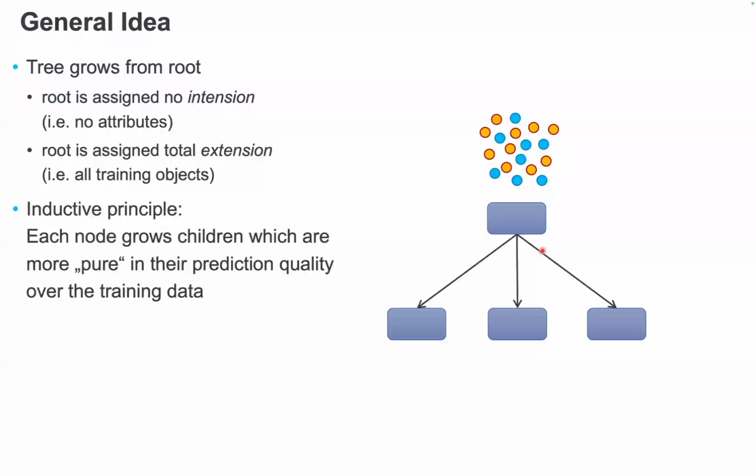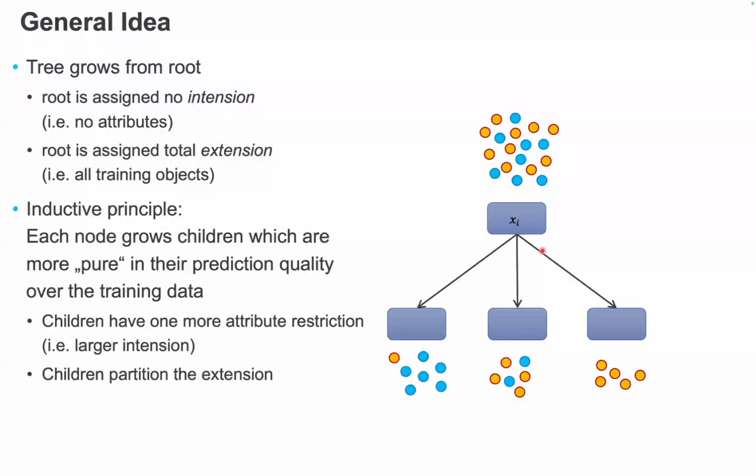So we grow this root node some children, and what I want to achieve is that the children are more pure in the prediction quality given the training data. So let's say I select a particular attribute, like the attribute I. Then I partition my extension according to the different values that this attribute I can take.